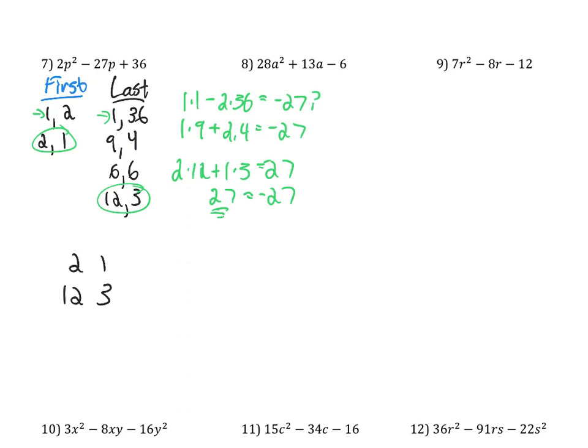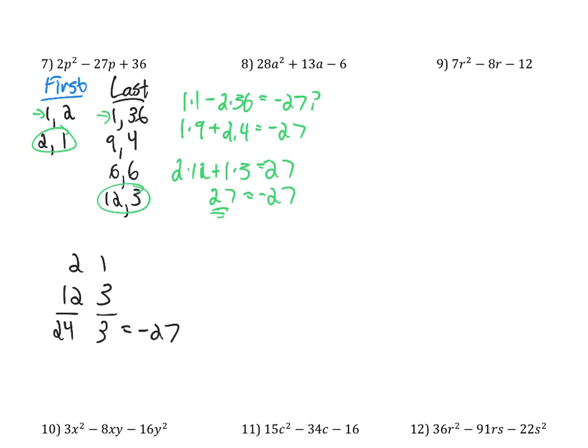And again, we want to look at, does the sum of their products in each column equal negative 27? Here's what we need to worry about, the sign difference. So let's take a look at 2 times 12. 2 times 12 is 24. 1 times 3 is 3. 24 plus 3, we need to equal negative 27.